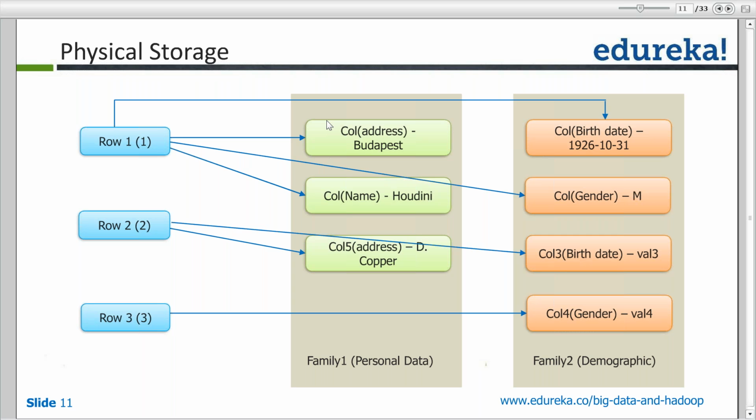The HFile created for the first column family and the HFile for the second column family would be stored at different places. That's what I meant by HBase being a column family oriented database. Column family wise, your data is stored into your HDFS.